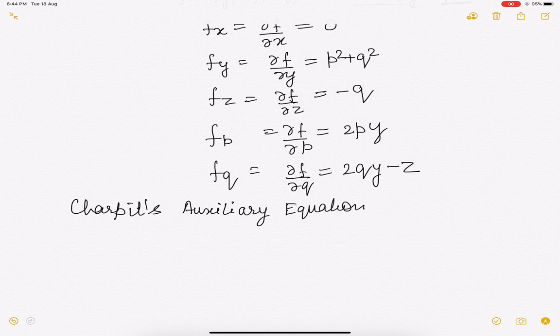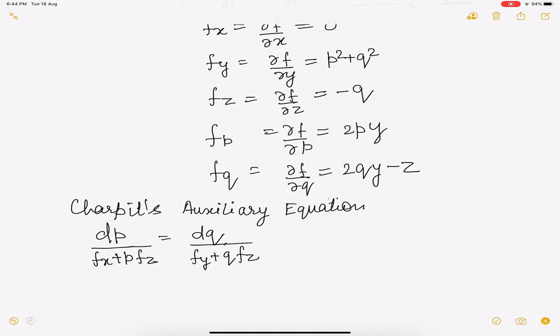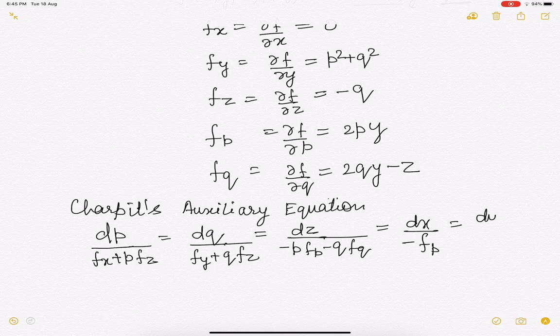Let us write the formula first, and the formula says dp upon fx plus p fz is equal to dq upon fy plus q fz is equal to dz upon minus p fp minus q fq is equal to dx upon minus partial derivative of f with respect to p and dy upon minus partial derivative with respect to q.